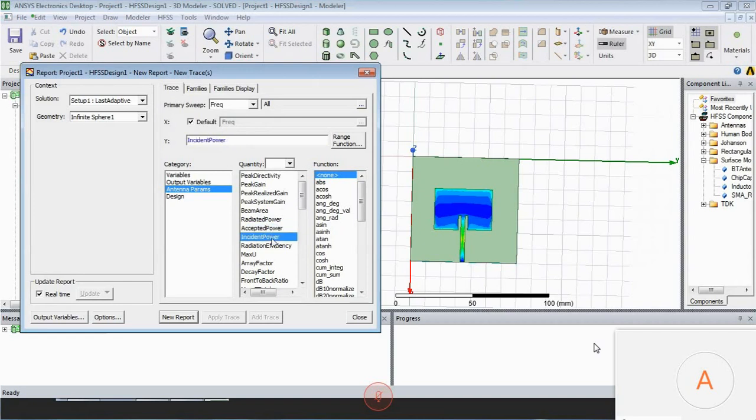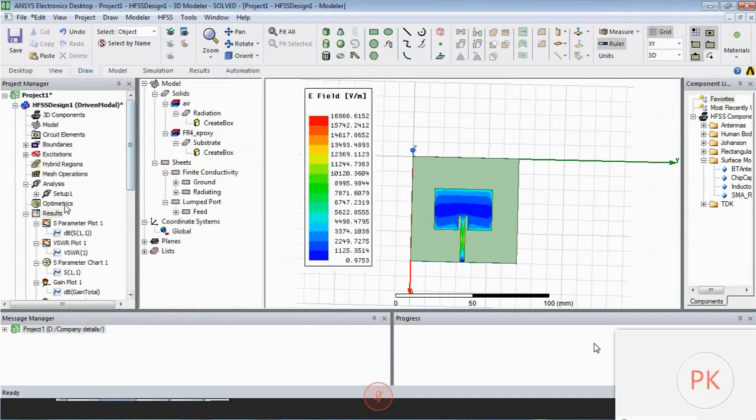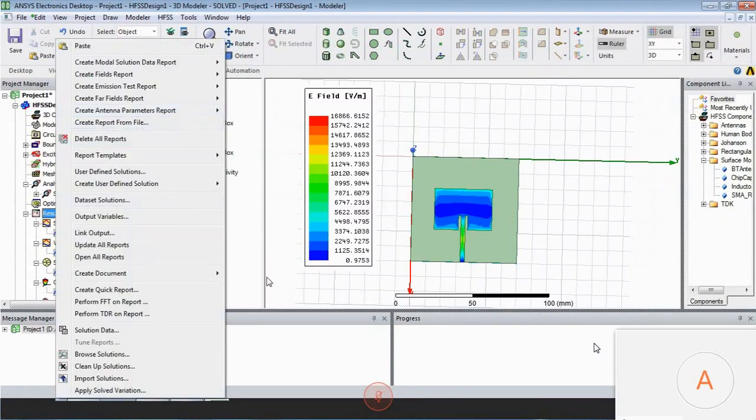Else you can go for radiating power or something else. Sir, maybe current density. J, current density, sir. Current density distribution. That is available, sir. Okay.